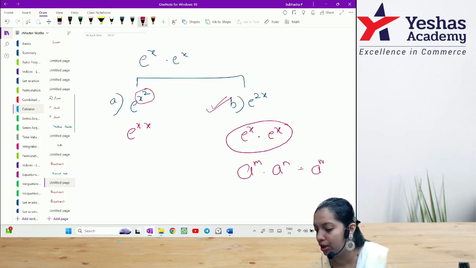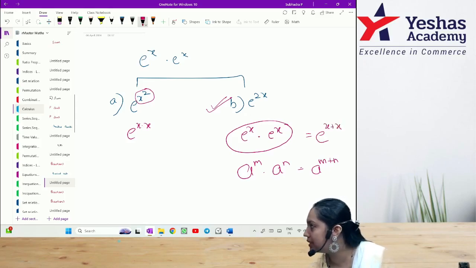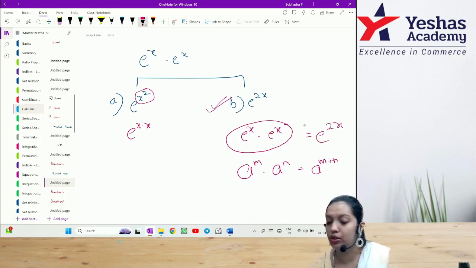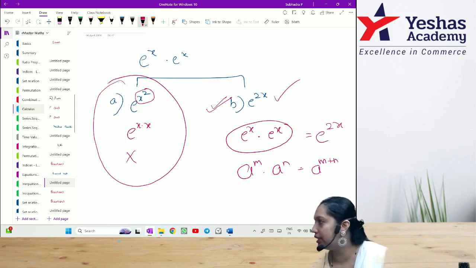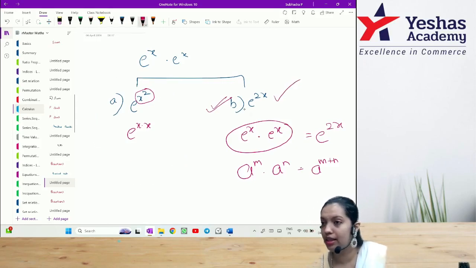What do you do? A to the power of m plus n. Similarly, what will you do? E to the power of x plus x. What is x plus x? 2x. Do you understand? So usually students make this mistake. It is wrong. This is correct. Same thing, e power 2x.